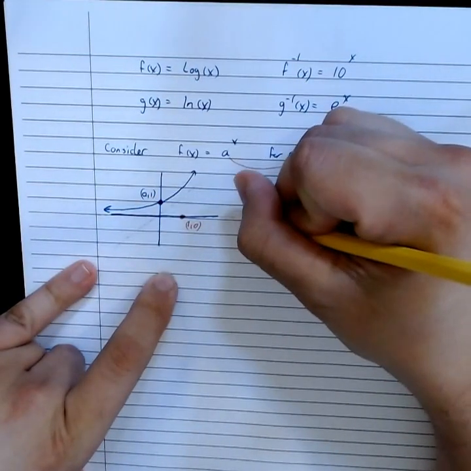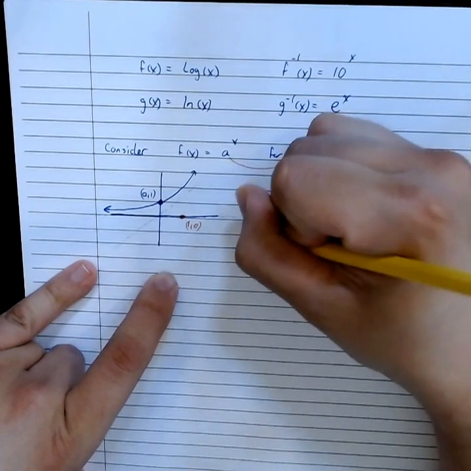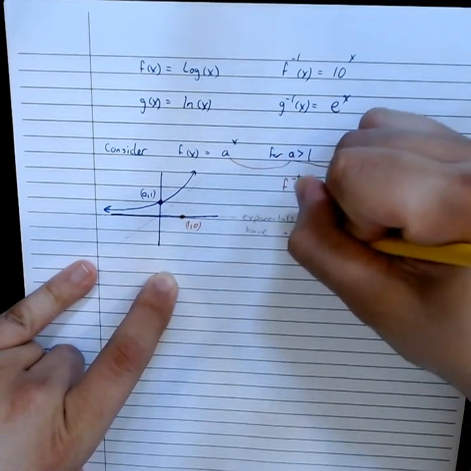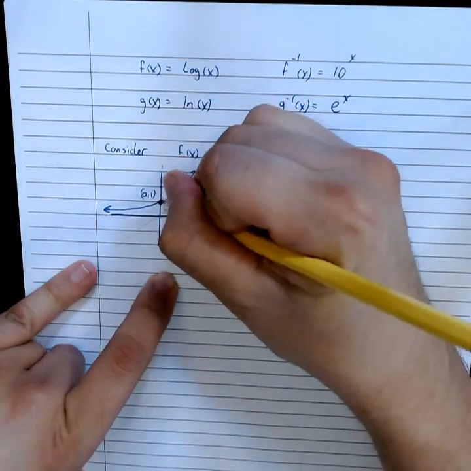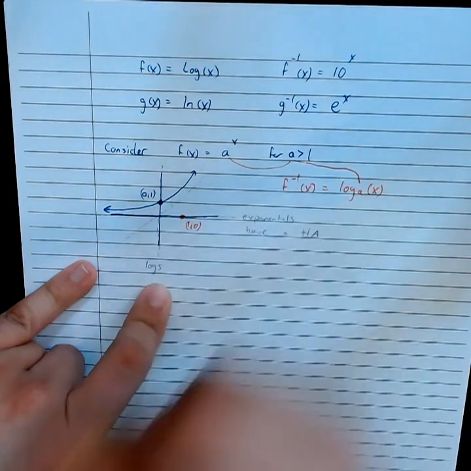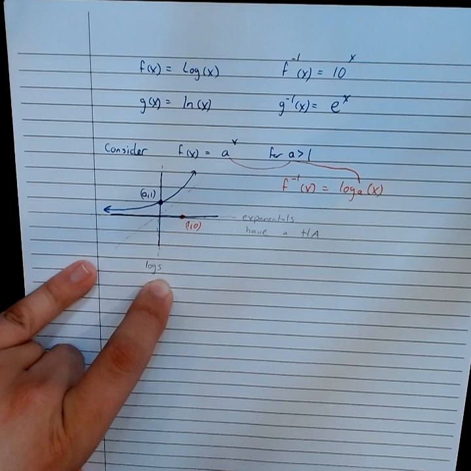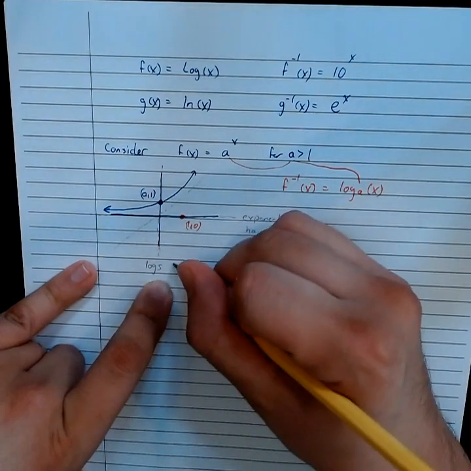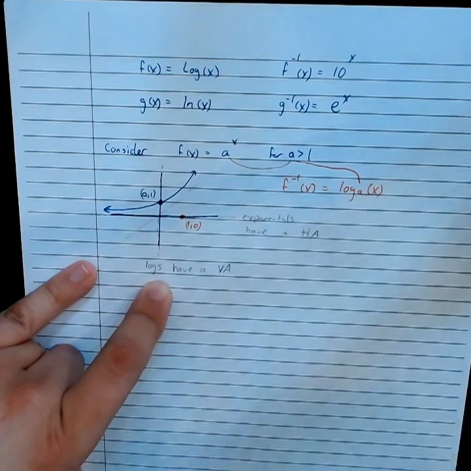So exponentials have a horizontal asymptote, whereas logarithmic functions, and here I'm going to abbreviate that as logs because logarithmic is just such a long word to say and to write, logs have a vertical asymptote.